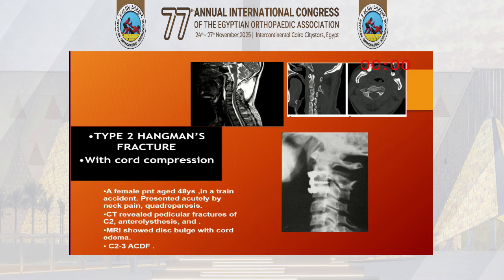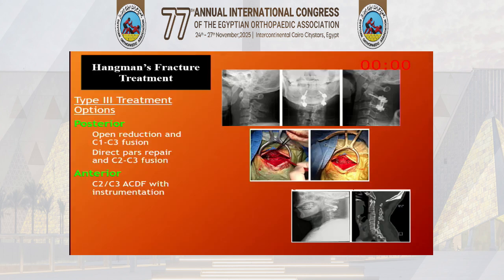Here is a case with a hangman's fracture but also with a C2-3 disc protrusion leading to myelopathy, treated anteriorly with ACDF and fixation.